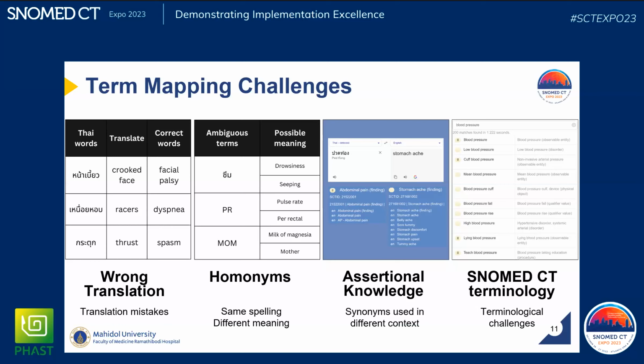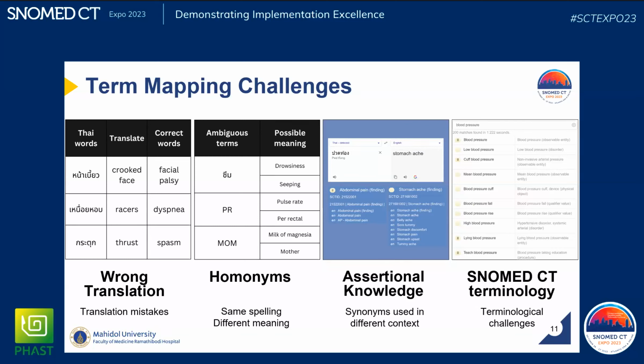And then we have homonyms, which are the same spelling but different meanings, like ซึม, which can mean drowsiness or seeping, like water seeping. Or the local acronyms that are ambiguous, like PR, which can be pulse rate or per rectal. The next one is assertional knowledge, which is one feature of interface terminology.